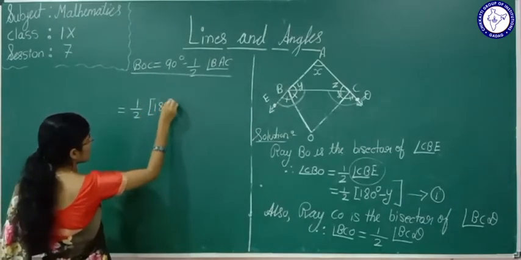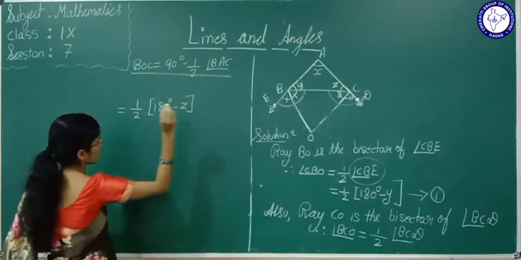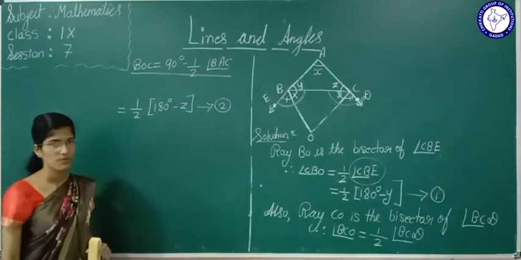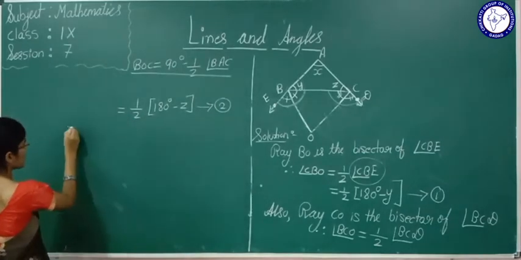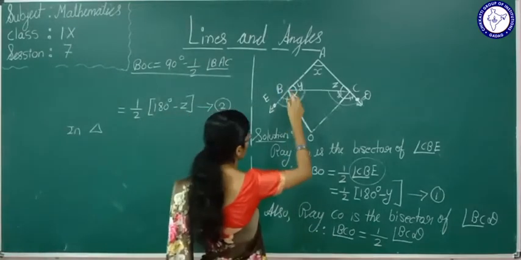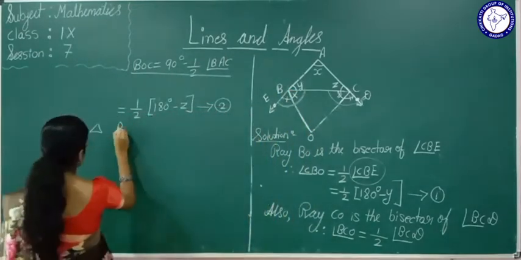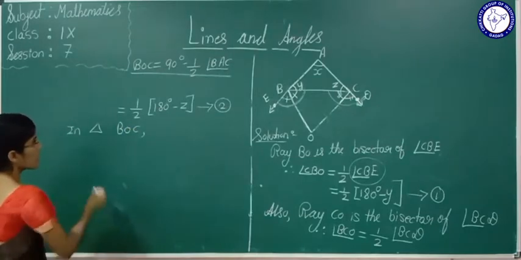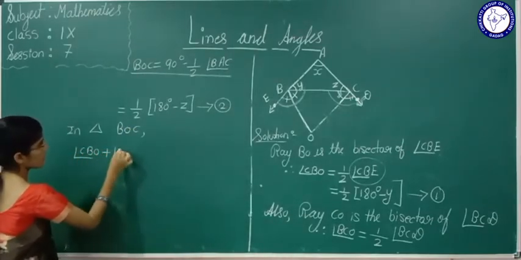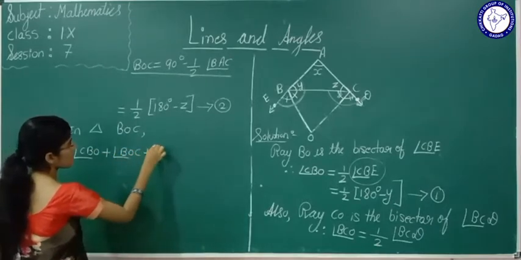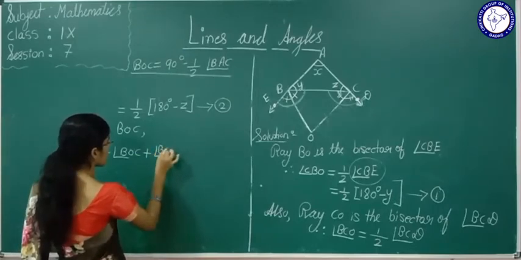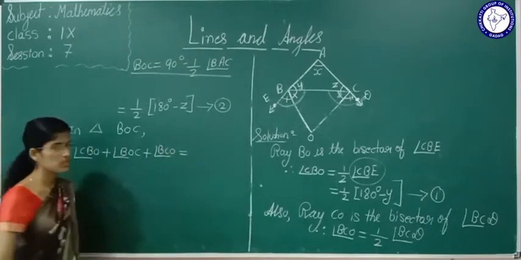180 degree minus Z. Call this equation number 2. Now see here, in triangle BOC, angle CBO plus angle BOC plus angle BCO is equal to how much degree, students?